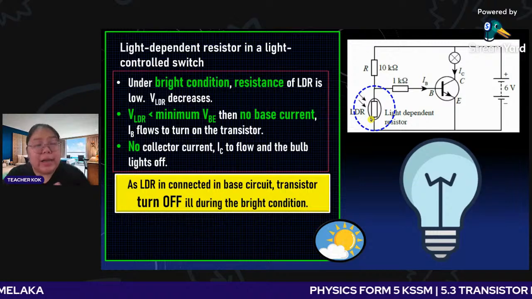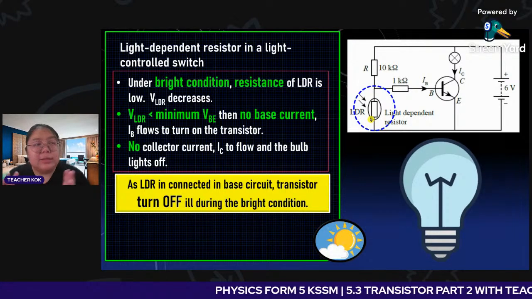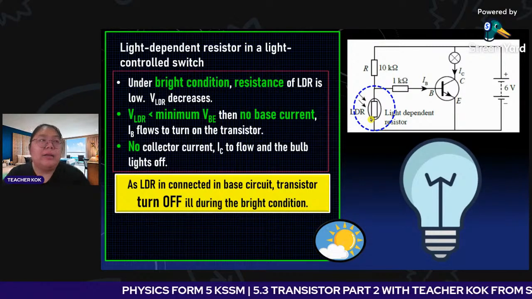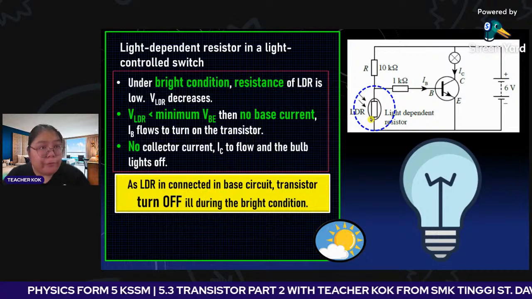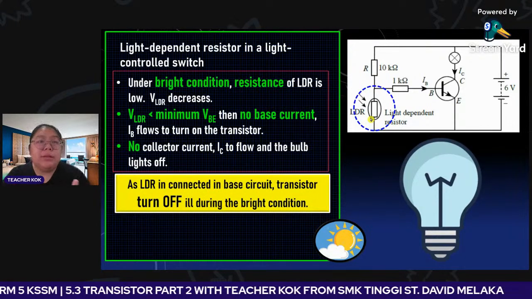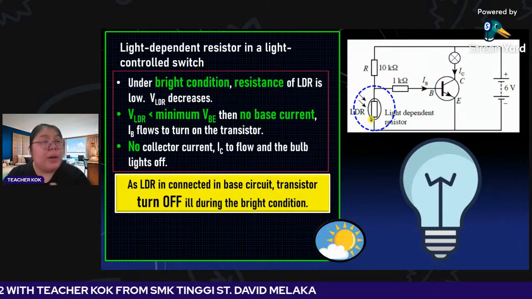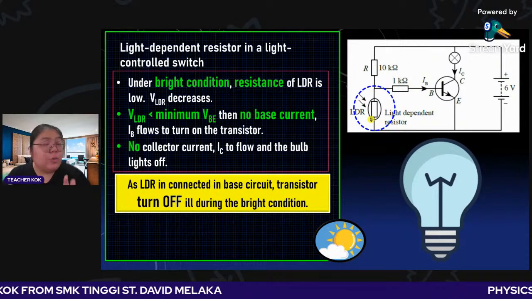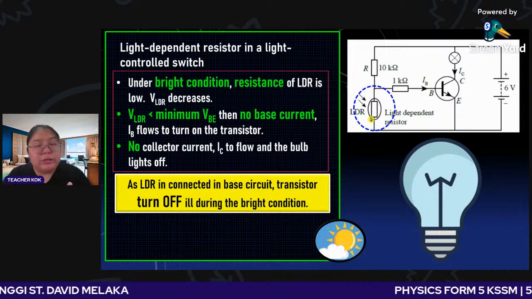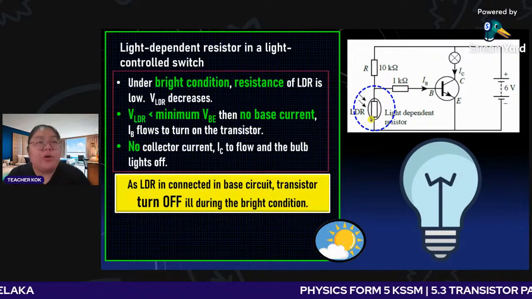During the night time, they detect the surroundings become dark, and then the door will automatically close. So this is the LDR function, depending on the situation. This is just one example of the LDR as a light control.